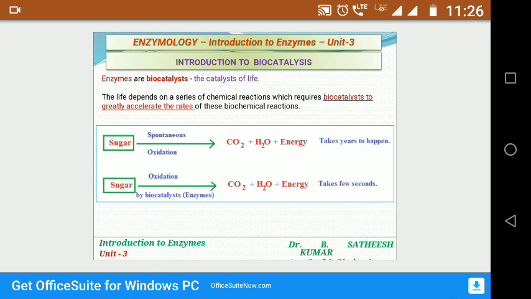Each and every metabolic reaction requires a set of enzymes. By the action of all these enzymes, within a few minutes or seconds, that sugar is completely oxidized to carbon dioxide and water, and it liberates energy. That energy we will use to do some work.